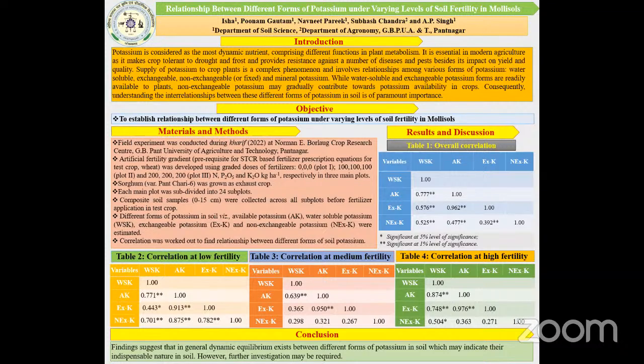However, with non-exchangeable potassium, although the correlation was positive, it was not found to be significant.